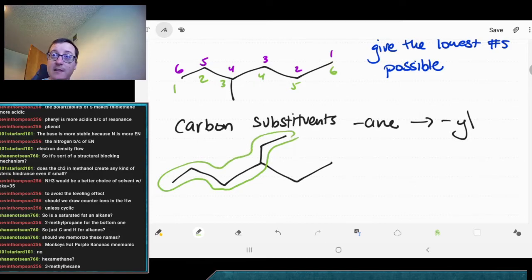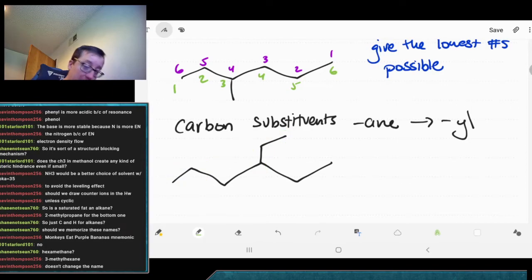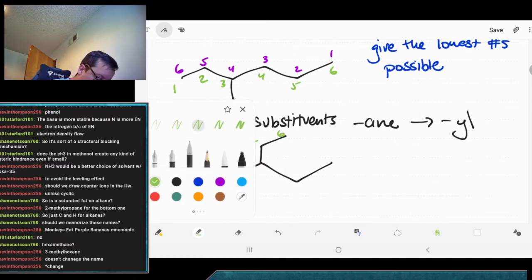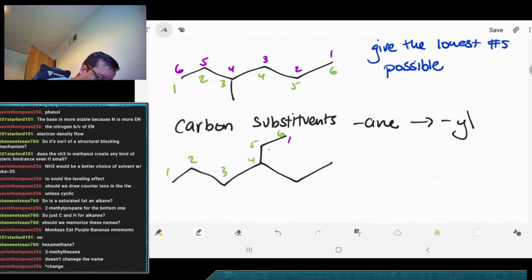In either case, we're going to get 6 carbons. If we choose to go in the zigzag, we'll also get 6 carbons. There's no difference between them. They're both going to have 1 substituent, and it's the same substituent, so nothing changes. So we'll want to start numbering this. We could start here, or we could start from the other way. I'm choosing to do it from here because I'm just showing you you can do either way.